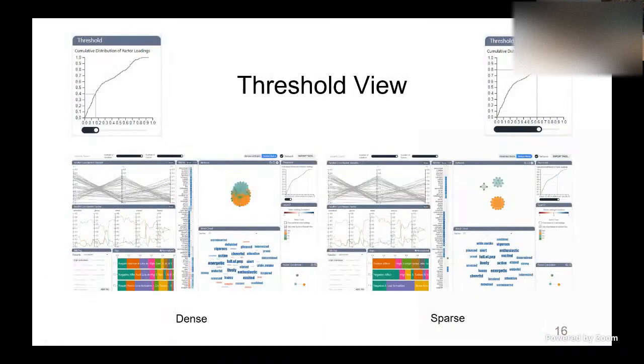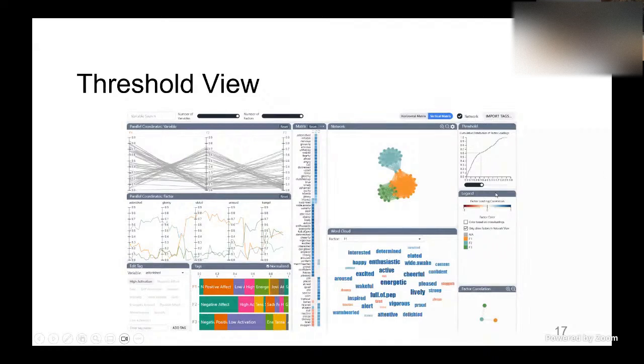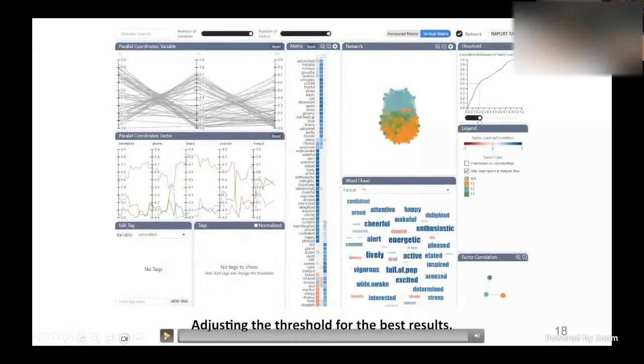In the threshold view, if a user sets a smaller threshold value, FAVis will show us a dense visualization. On the other hand, if a user uses a large threshold value, then FAVis will show us a sparse visualization. Therefore, users can adjust this threshold value to find the optimal threshold value, which balances between interpretability and loss of information. I'll show you a demo of our tool.